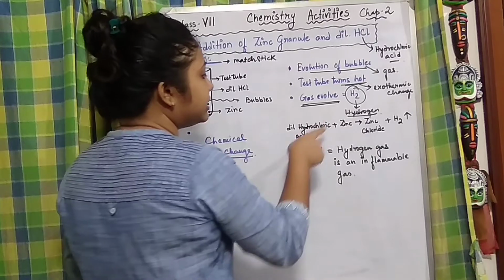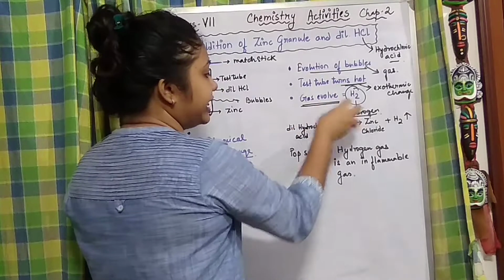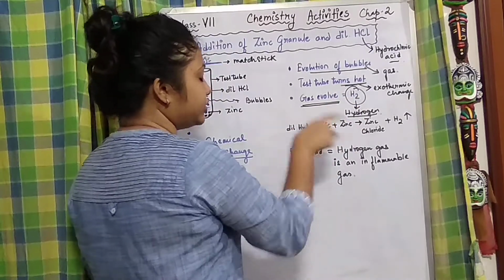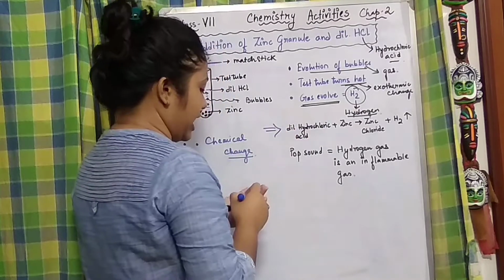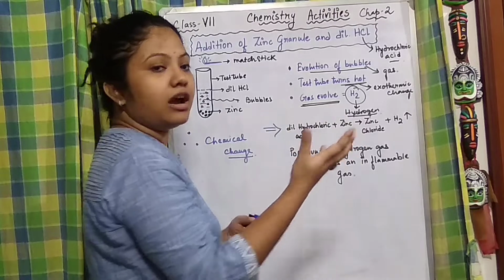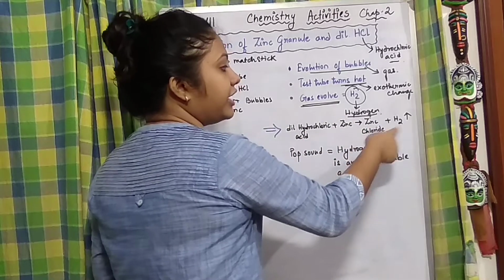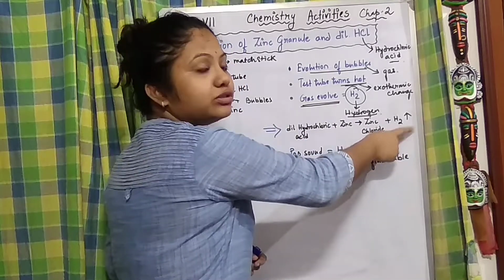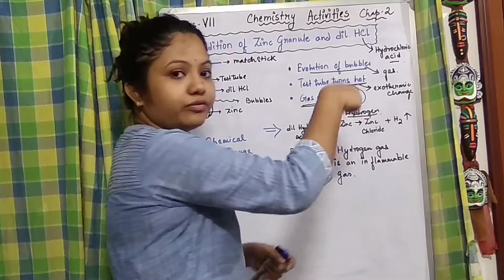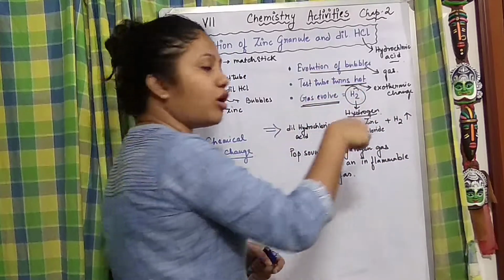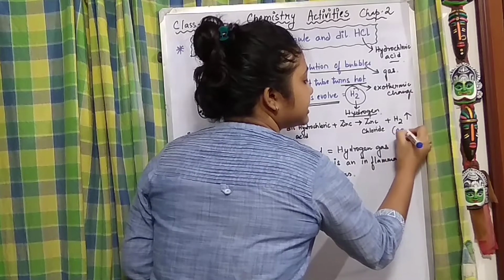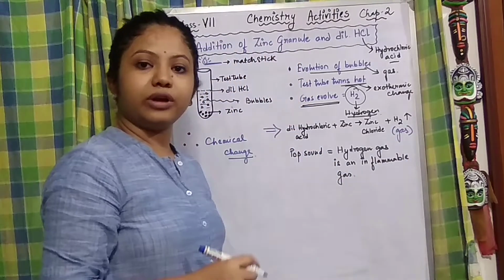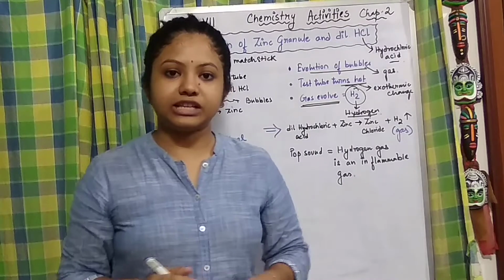Because after the addition of zinc to the dilute hydrochloric acid, as you can see in this reaction I have written out here, zinc chloride has been created with the evolution of hydrogen gas, and this upward arrow denotes the evolution of gas. Okay, so let's move to the next one.